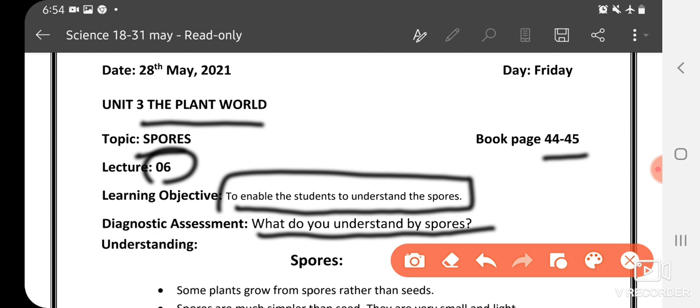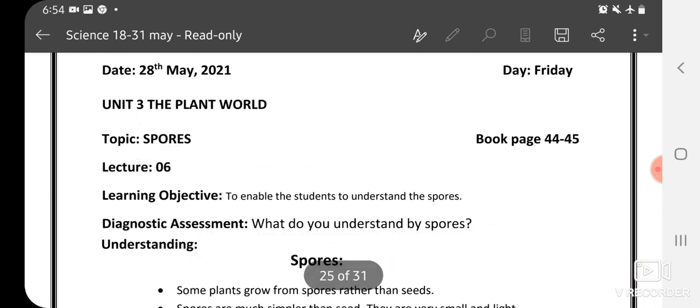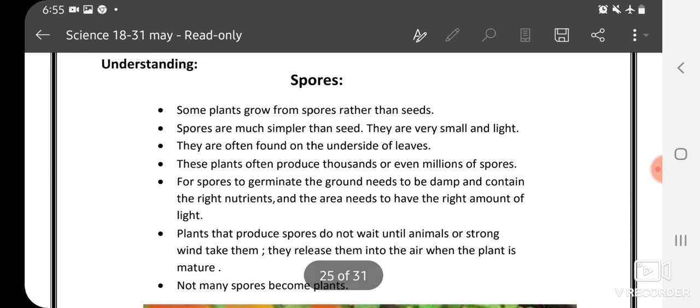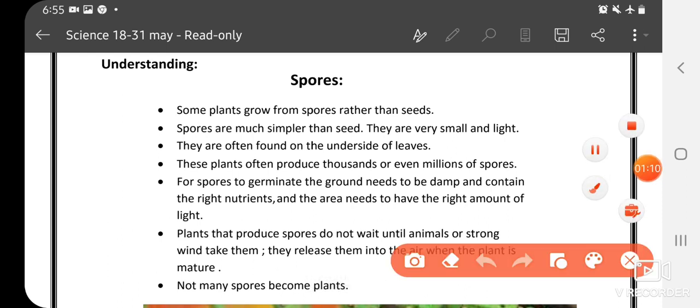Now come to the understanding of the topic. The first point is about spore. The first point is some plants grow from spores rather than seeds. In previous lectures, we studied that plants grow from seeds, but here they are telling that some plants grow from spores and not from seeds.